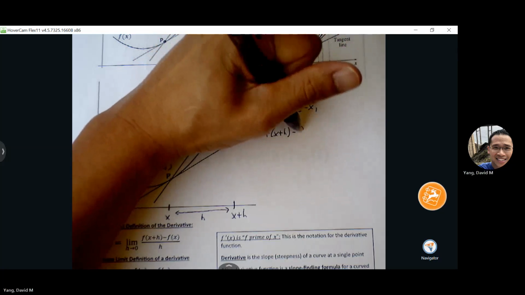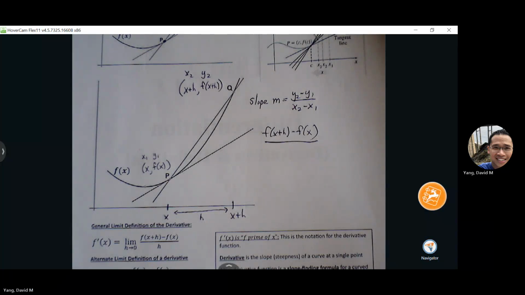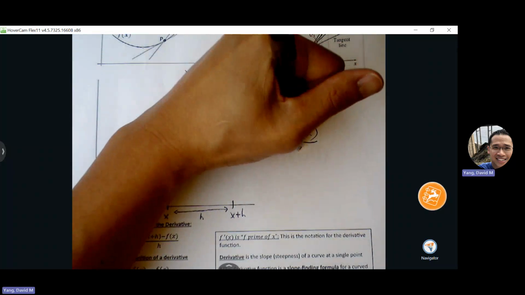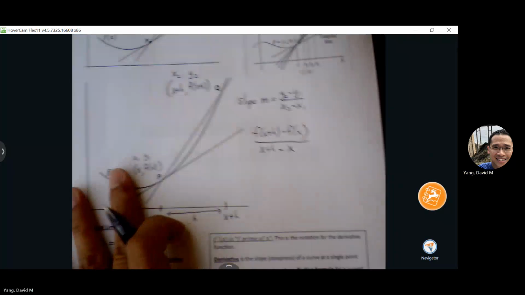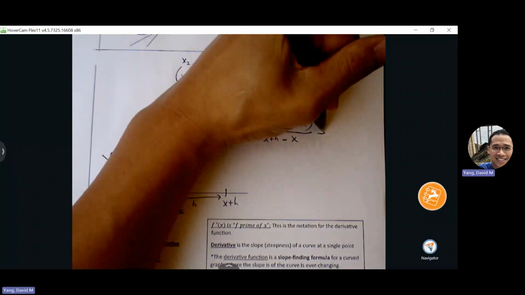Good. All over x plus h minus x. Right. Is there anything that can clean up within this expression? Cancel the x's, okay.